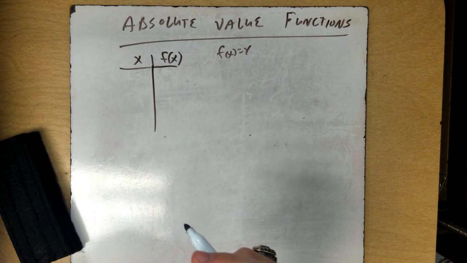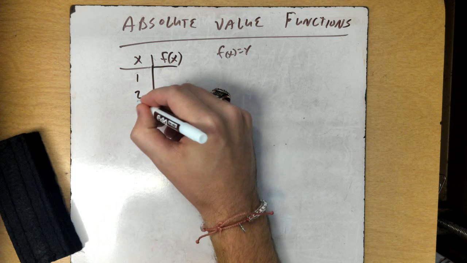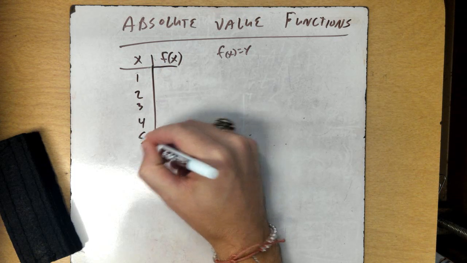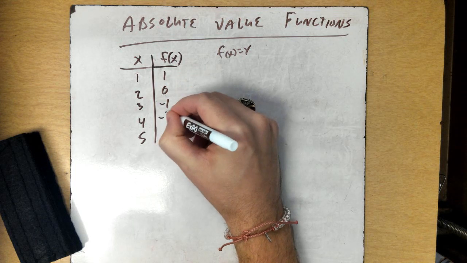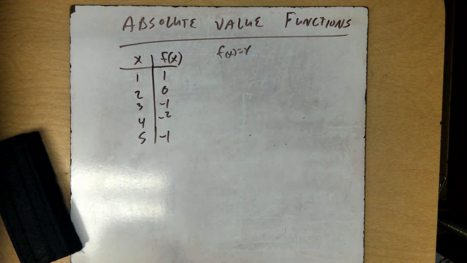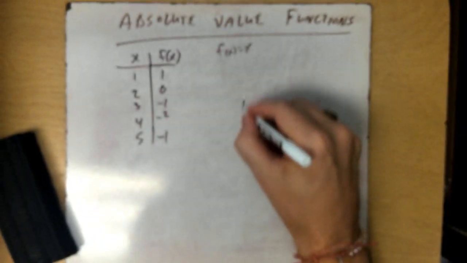All right, so let's do one. Let's do x as 1, 2, 3, 4, and 5. And then let's make f of x 1, 0, -1, -2, -1. Now if we graph this, same type of deal.